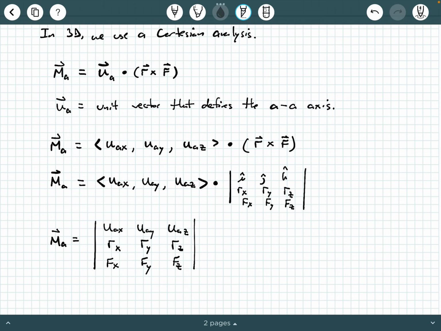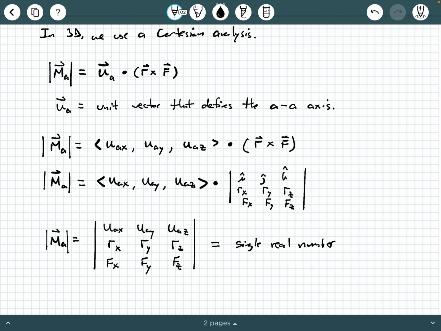Whenever you find that 3 by 3 determinant, what do you end up getting? You actually get a single real number, which really means what? It really means that this MA is the magnitude of MA. So what we need to do is put magnitude notation around all of these MAs.